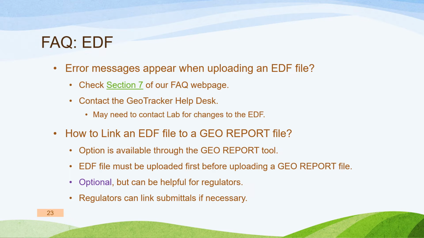So if you want to link the EDF to the GeoReport, the EDF file must be uploaded first before uploading the GeoReport file. That said, this linking feature is optional on your end, but it can be helpful for regulators to track down EDFs that are associated with this particular report. In addition, regulators can link the submittals if they want to on their end.